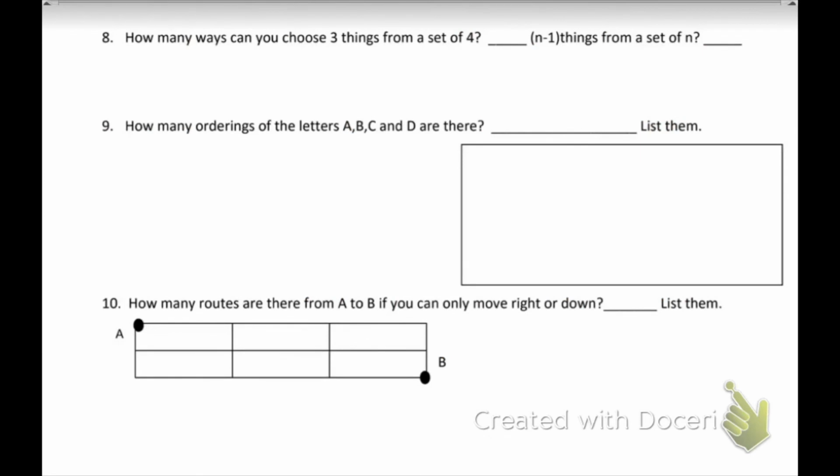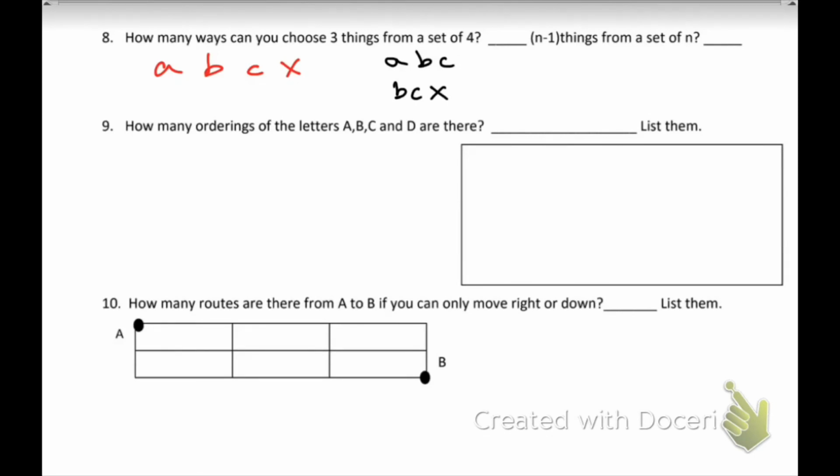Number 8, how many ways can you choose 3 things from a set of 4? Well, if I have 4 items, A, B, C, we'll say X. If I'm picking 3 things from a set of 4, well, let's kind of figure it out. A, B, C, that's 1. I could go B, C, X, that's 2.